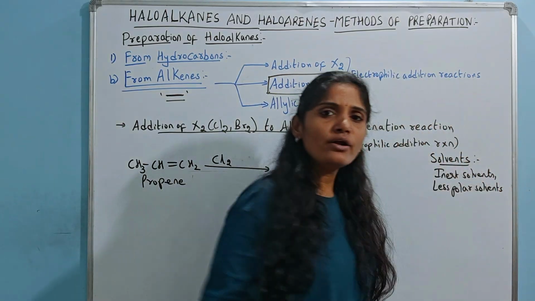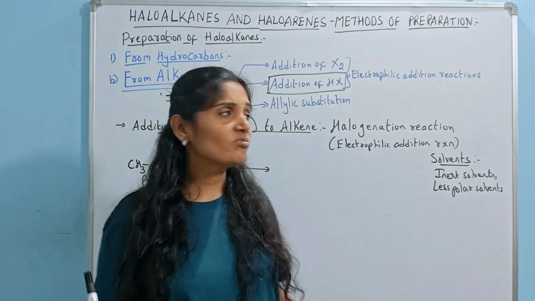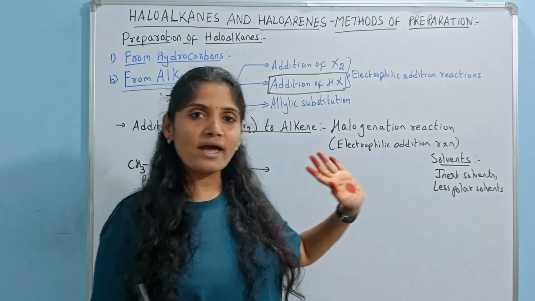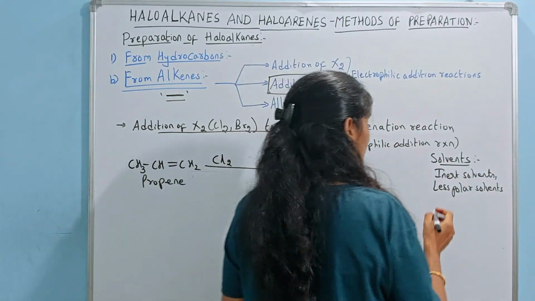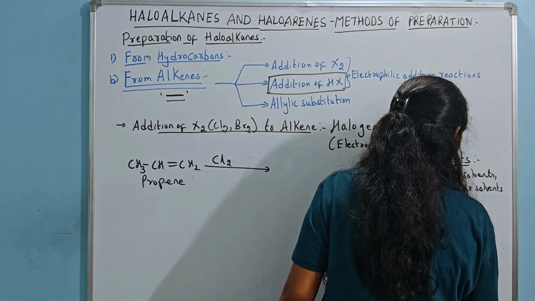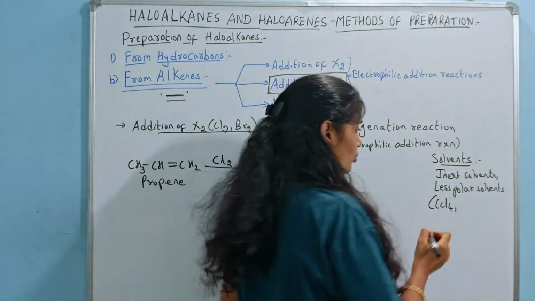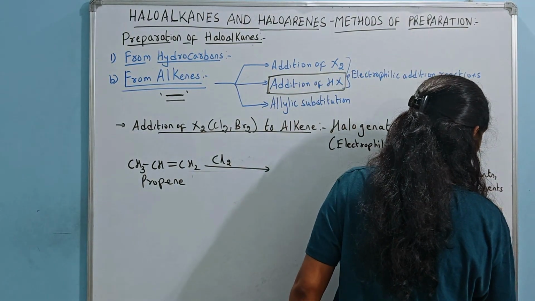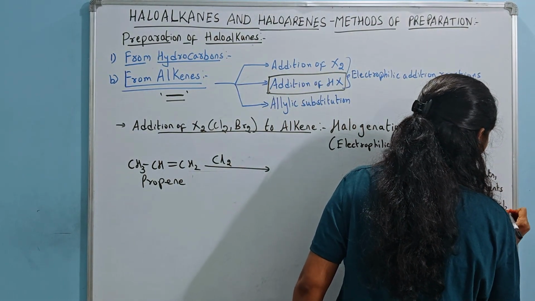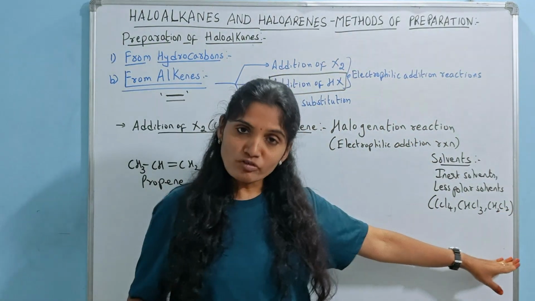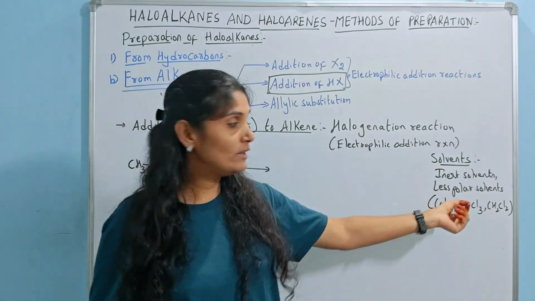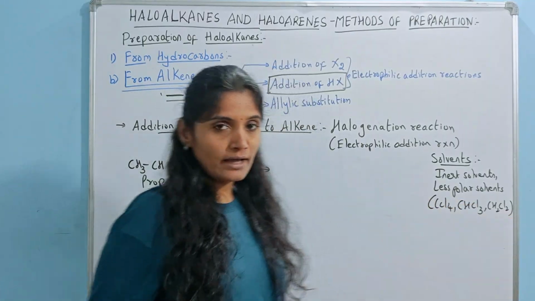I have already explained many times that we usually do organic reactions in less polar solvents, not highly polar solvents. Here the solvents will be CCl4, tetrachloromethane, CHCl3, trichloromethane, and CH2Cl2, dichloromethane. So halogenation reactions are usually done with less polar solvents like tetrachloromethane, trichloromethane and dichloromethane.